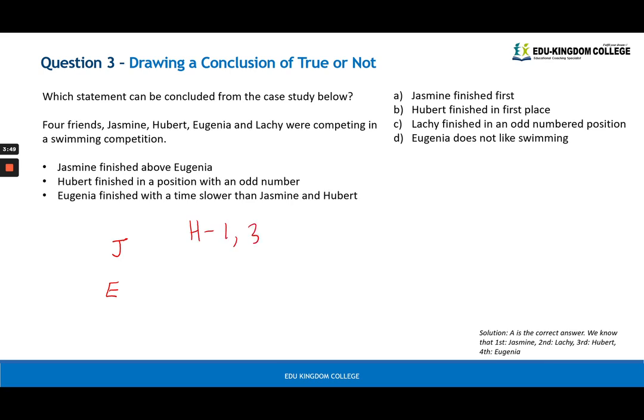Eugenia finished with a time slower than Jasmine and Hubert, so Eugenia is going to finish slower than Hubert and Jasmine. So Hubert would be 3rd here, and therefore Lockie would be 2nd. Therefore, the answer here is A. Jasmine finished 1st.